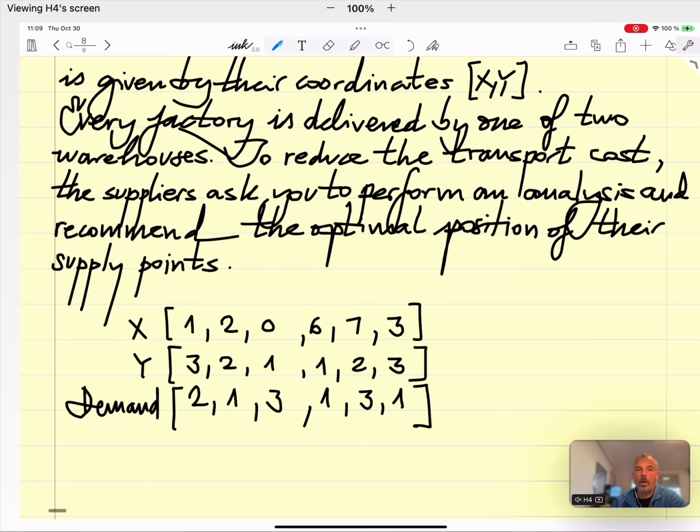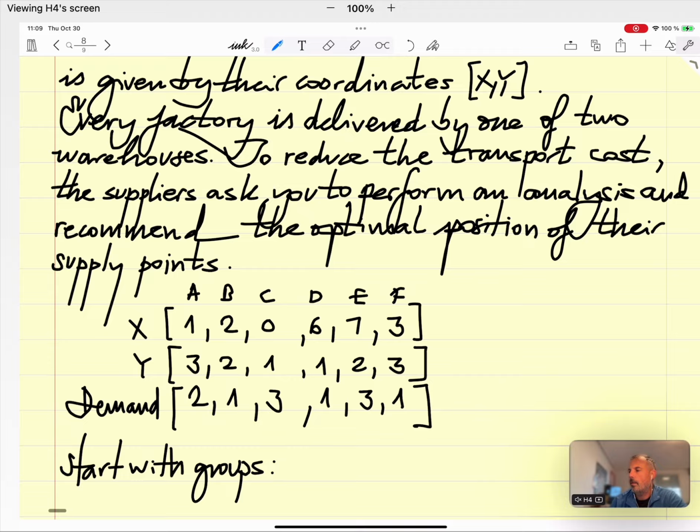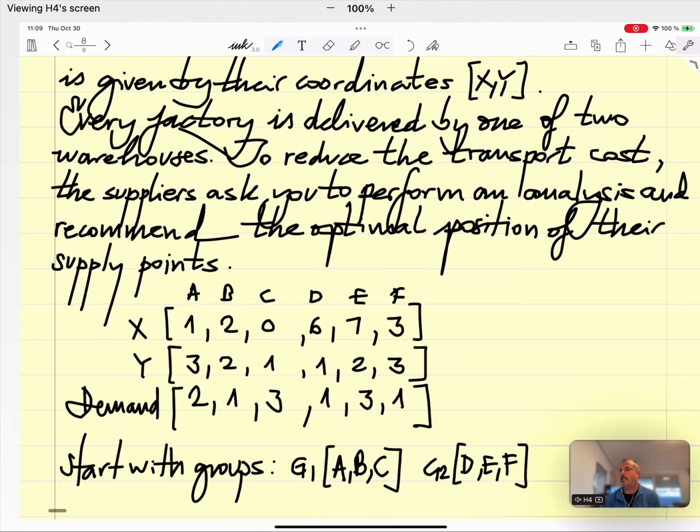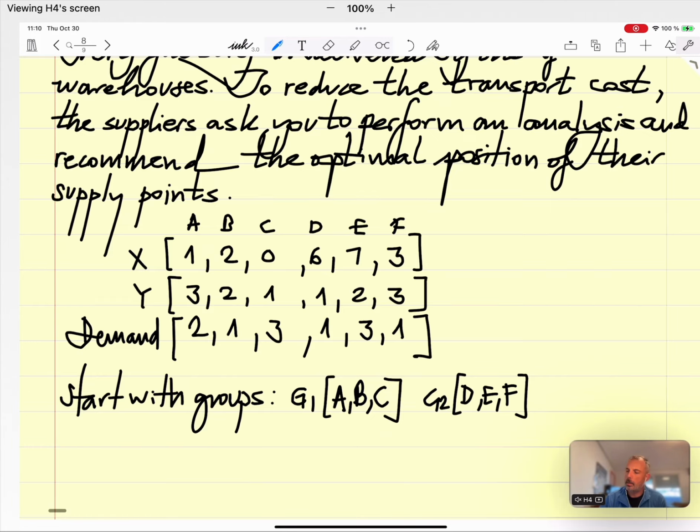Yeah, so start with groups A, B, C, D, E, F. Okay. Group 1, A, B, C. Group 2, D, E, F. Okay. And the hint, as I said, the centroid of group 1, A, B, C, is calculated like this.